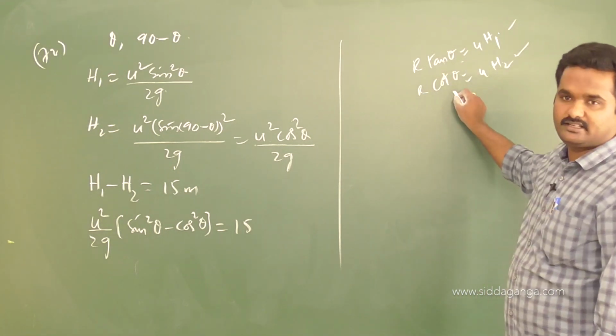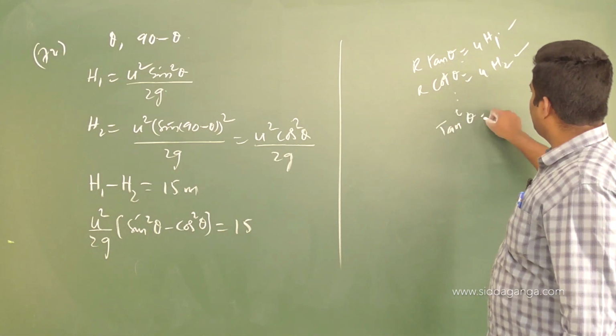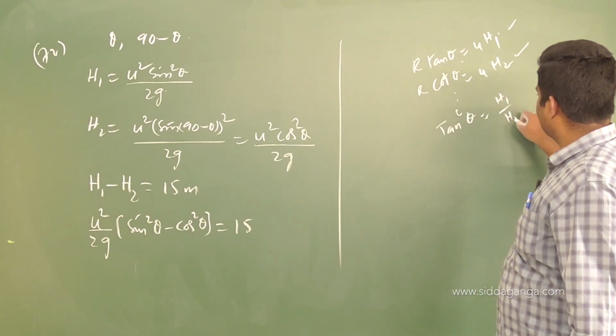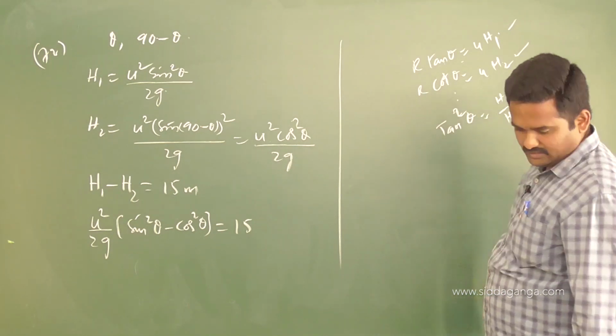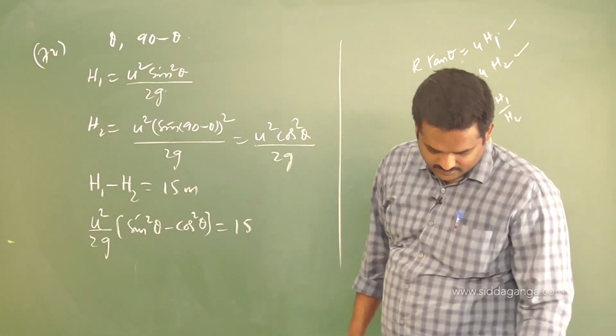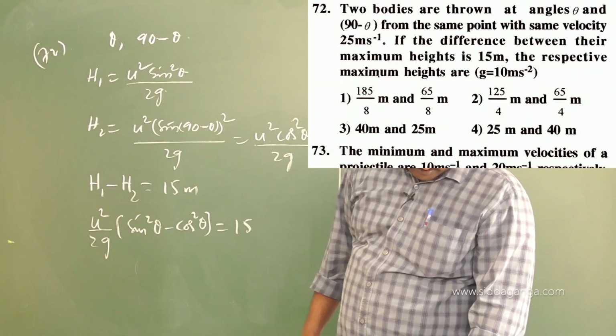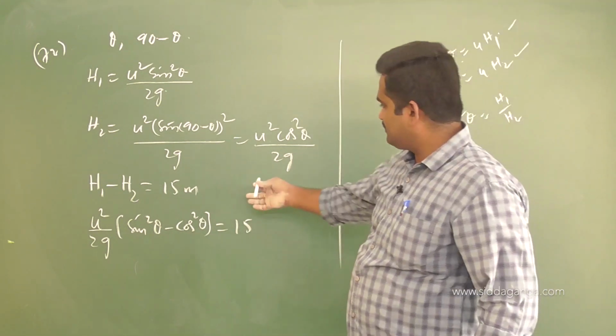Tan theta by cot theta is tan square theta. This is tan square theta equals h1 by h2. But they are given the difference of them, right? Theta also they have not given. The difference of their maximum heights is 15 meters they are saying, right? Okay, this method only you do.